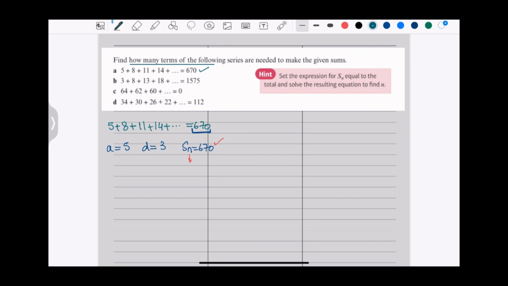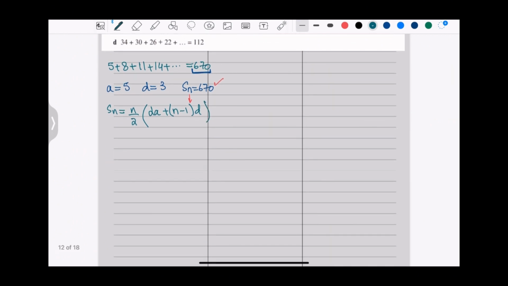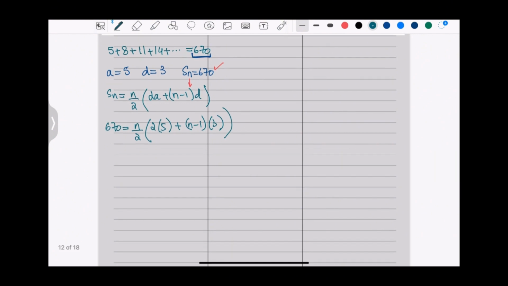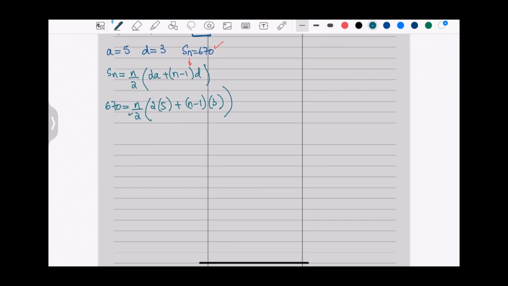Now Sn is n over 2 times 2a plus n minus 1 times d, and it gives you 670. Replacing Sn with 670, n over 2 remains, 2 times 5 plus n minus 1 times d, which is 3. As you could see, that 2 is dividing the whole, so I'll multiply it over there.